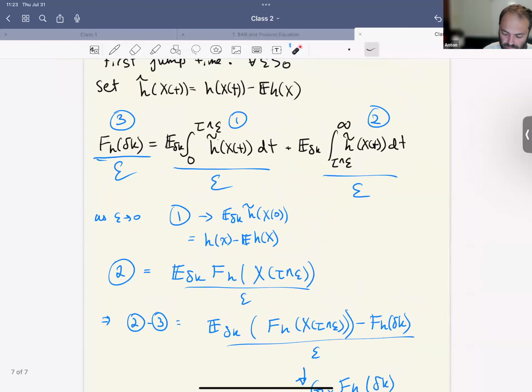So the first thing we want to do is use the tower property and condition on, so we've got the integral from tau minimum epsilon to infinity of h tilde x of t dt, conditioned on the value of the Markov chain at time tau minimum epsilon. Of course my external conditioning is on the value of x0.